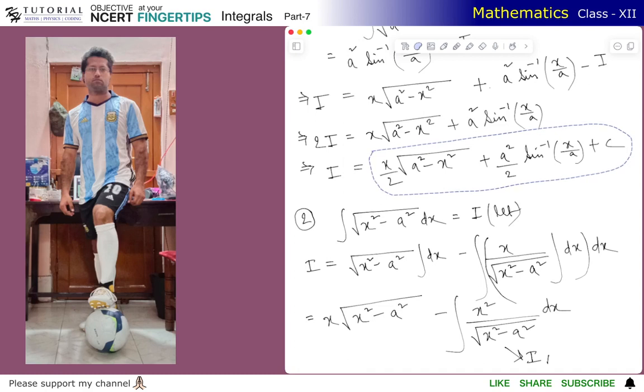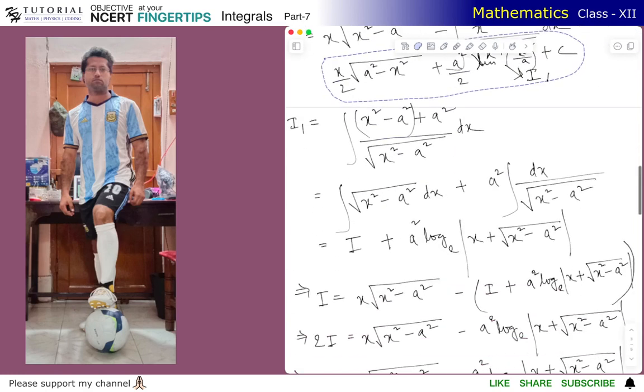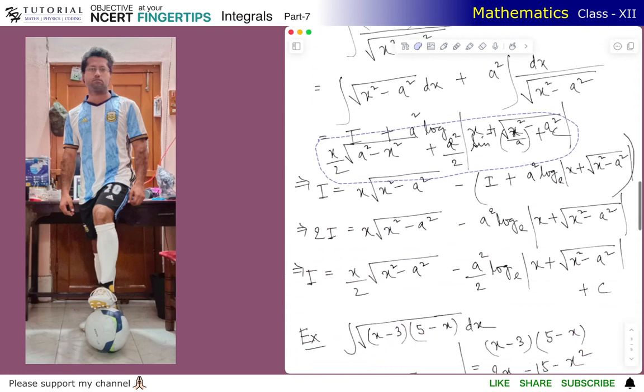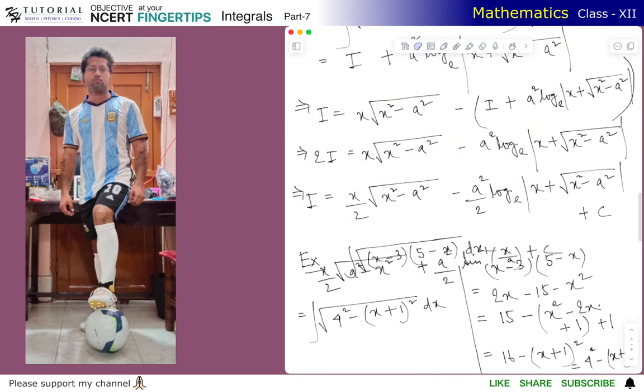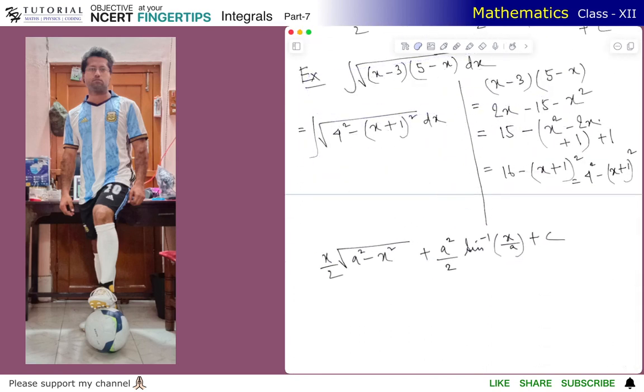So I am simply copying it. If you do integration by parts, you will have these results, but remember that over here we have x plus 1. These standard results which are being highlighted are for square root of a square minus x square, but if we have x plus 1, that is not a problem.